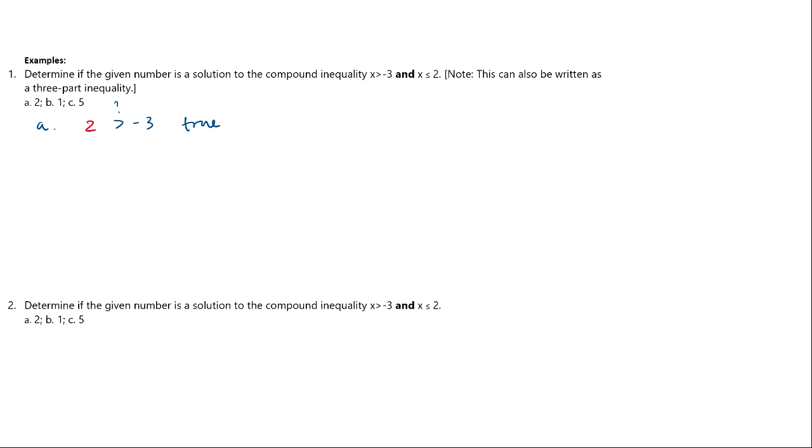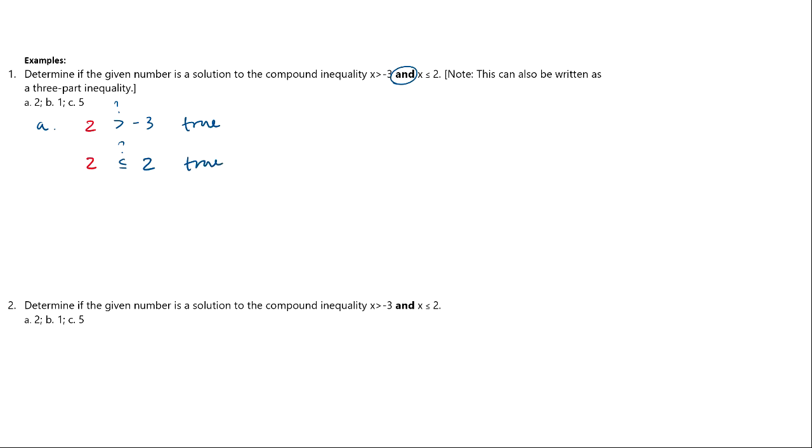Because this is a compound inequality with the word "and," we also need to check the second inequality. The second inequality asks whether 2 is less than or equal to 2. As we talked about before, when we have that equal included, we just need it to be less than or equal to 2. Because one of the scenarios is true, it is equal, we would say this is also a true statement.